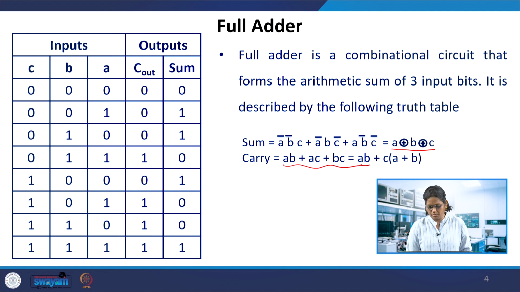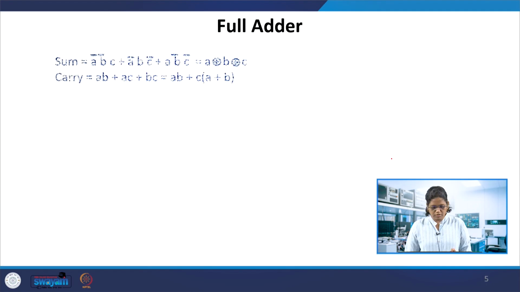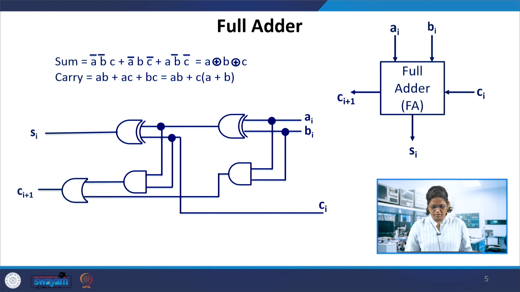This can also be minimized as AB, with the common term C taken out, giving A plus B. So this is the reduced function for a full adder, with Ai, Bi and Ci as the inputs and Si and Ci plus 1 as the outputs. This full adder operation is now done with two half adders, where Ai and Bi can be of any stage.